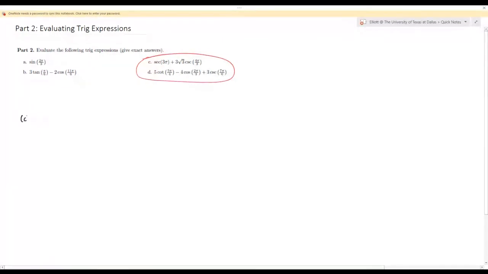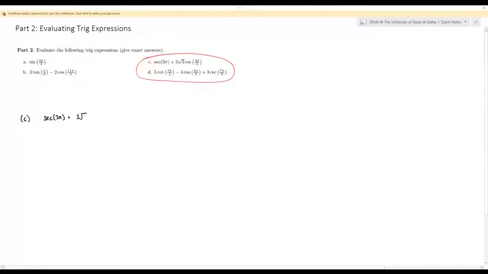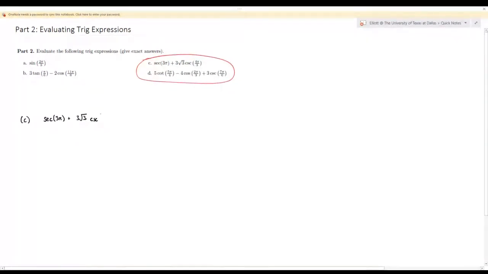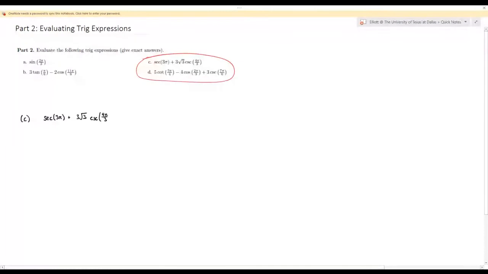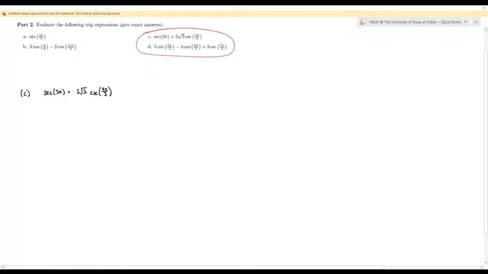So let's take a look at C first, okay? So we're trying to evaluate secant of 3 pi, and then plus 3 root 3, and then we have cosecant of 4 pi over 3, okay? So let's look at the secant of 3 pi first.